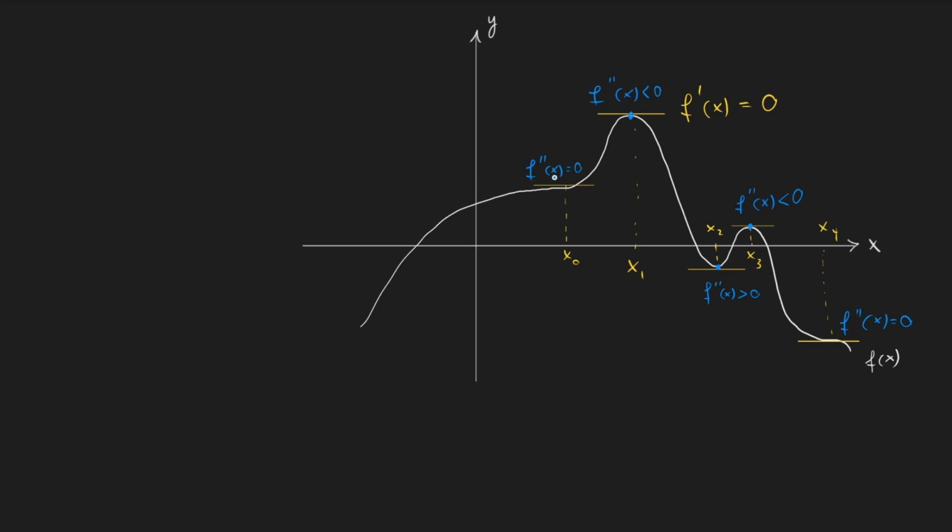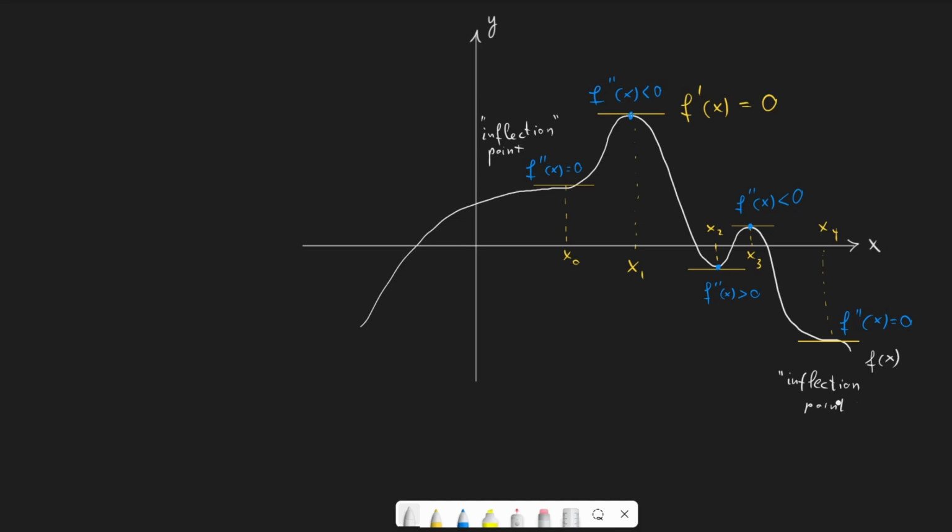And these are the inflection points. So here we had local maxima. Here we had local minima.